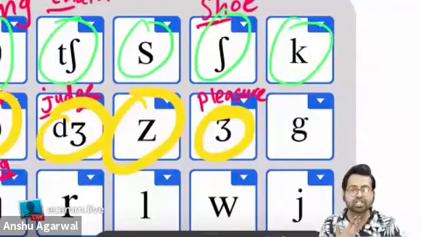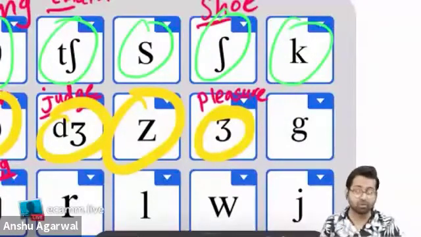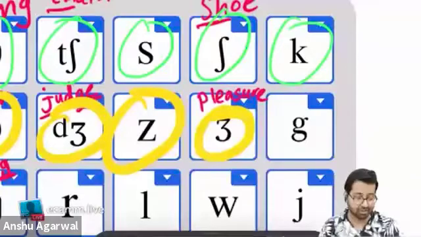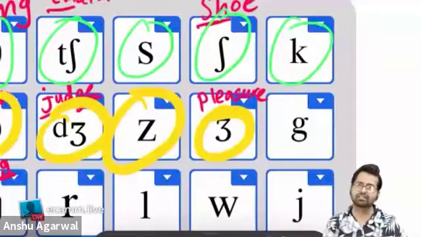So treasure, pleasure, right? Compulsion, j. Asia, the j sound. Bourgeois. Many of the French words have this sound, right? Give me more words. Measure. Thank you, Devabrata. Exaggeration. No, Jaspal, exaggeration doesn't have the j sound.